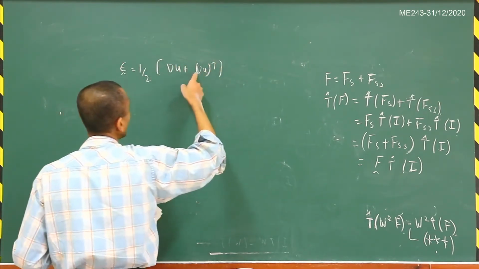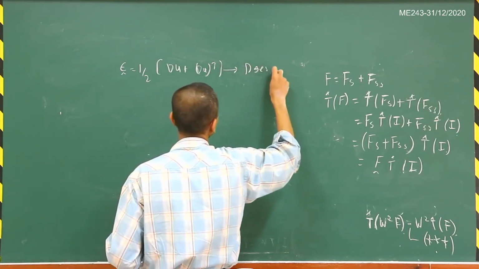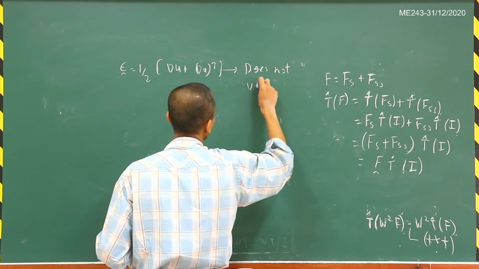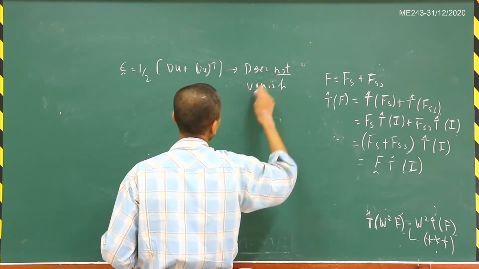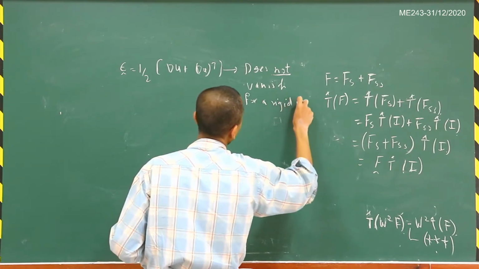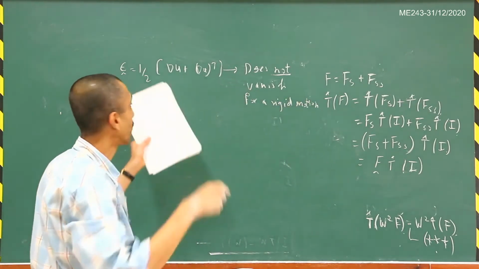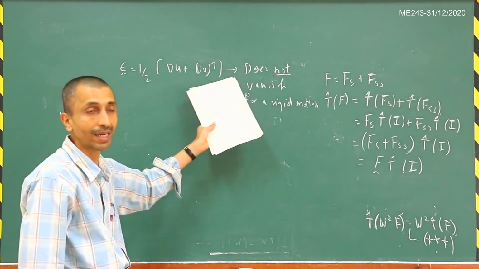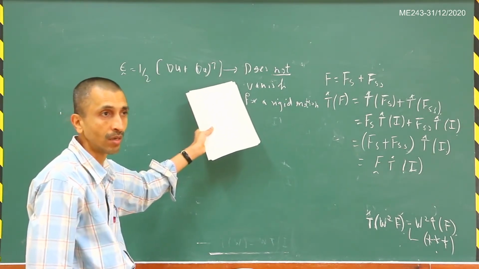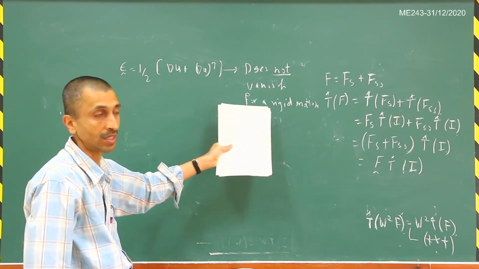This does not vanish for a rigid motion, so this is also an approximation, because we have neglected the del u transpose del u term. That is why it does not vanish even when the motion is rigid.